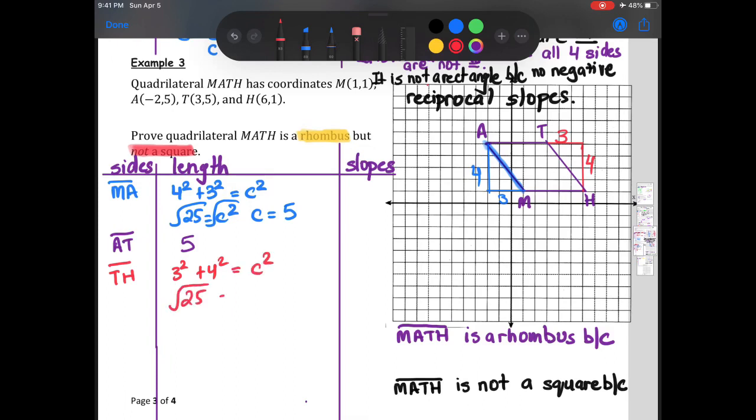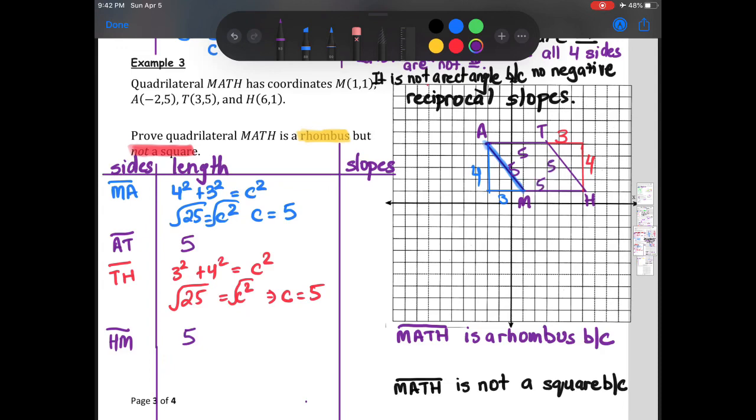Solve it and you'll see the work, take the square root, and it gives me c is equal to 5. And the last one, HM. It's a horizontal line, so I don't need to build a triangle around it. All I need to do is count the boxes, which is 5. So you see all the sides are 5, 5, 5, 5.